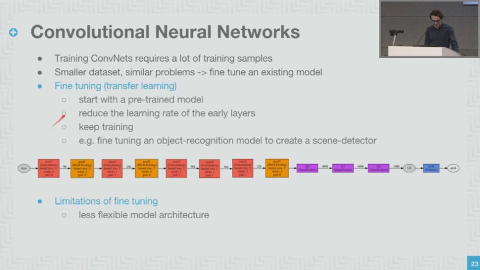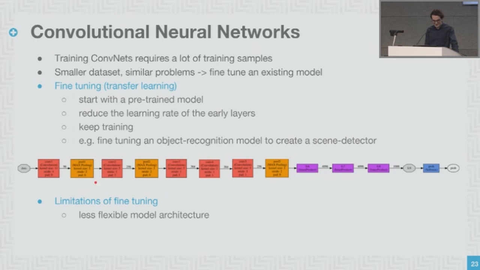So how it works is we start with a pre-trained model, and then we reduce the learning rate of the earlier layers so that we are not trashing the parameters of these general layers. The first layers usually learn very general purpose features, so it's usually not necessary to change them too much. So one approach is to fix them completely and then train only the later layers.